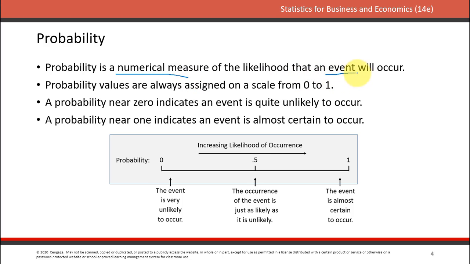So they are a numerical measure assigned to some event, like the event we said can be that it will rain, or the event could be that sales will increase, or the event might be that we get an even number when we roll a die. So you know what we mean by a die. We have a die, and we might get an even number when we roll it.